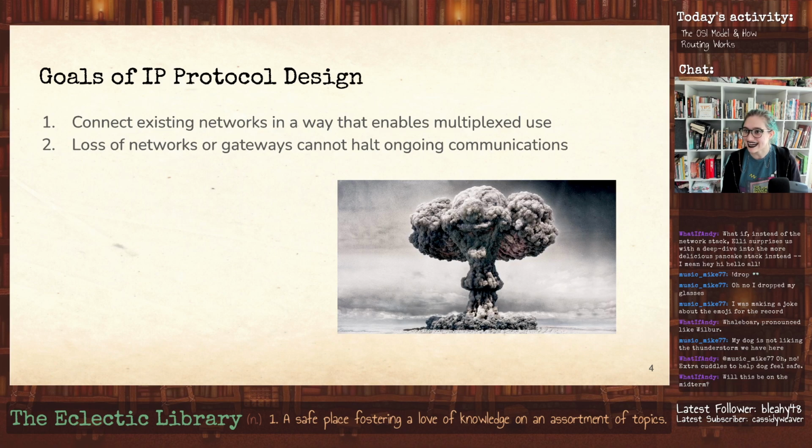Keep in mind that this internet protocol design was happening during the Cold War, and the main thought behind why DARPA was funding the design of this internet protocol was in the case of a nuclear attack. So if individual parts of the network going offline meant that communication got halted, that wouldn't be a great plan.